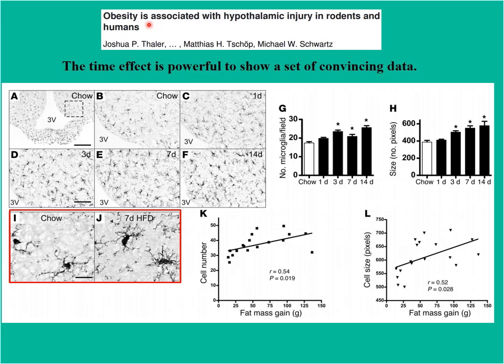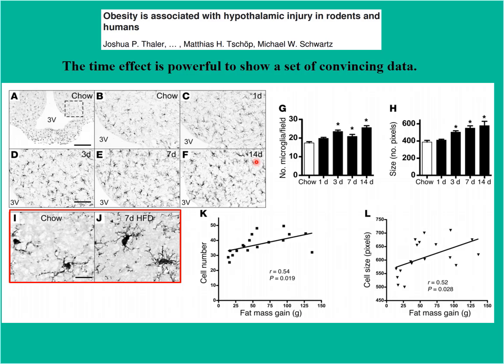The title of this article is Obesity is associated with hypothalamic injury in rodents and humans. Here just one figure. In this figure, they have showed the control group, chow diet. This is the treatment group on high-fat diet. 1 day, 3 days, 7 days, 14 days time effects on top of a high-fat diet.